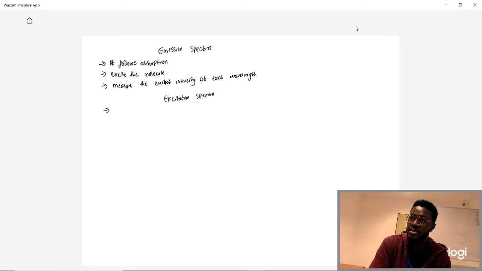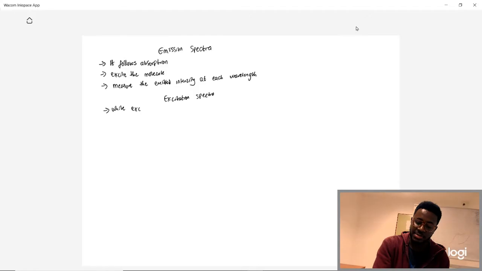Do you understand? For emission, you first excite it, and then you measure the emitted intensity at each wavelength. But in this one, while exciting it, you measure the absorbed intensity at each wavelength. You understand, right? Yes.